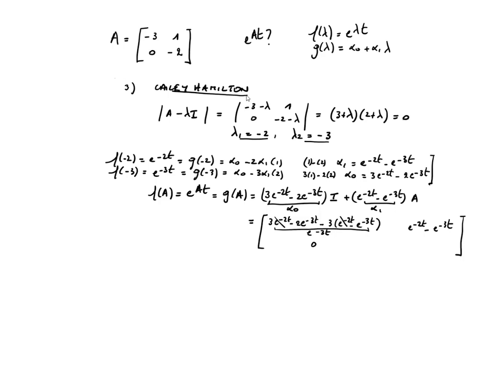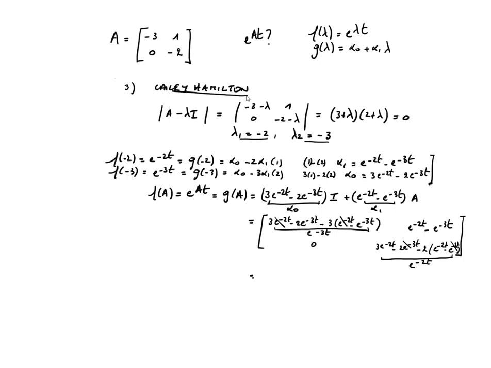And for this one here we have this one here again, 3e to the minus 2t minus 2e to the minus 3t minus 2 times e to the minus 2t minus e to the minus 3t. Okay, and you will see now that, well, these two cancel out, and you have here e to the minus 2t.